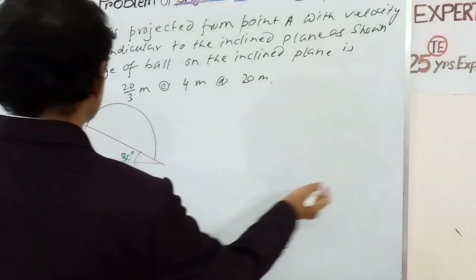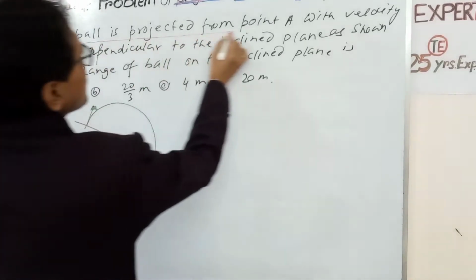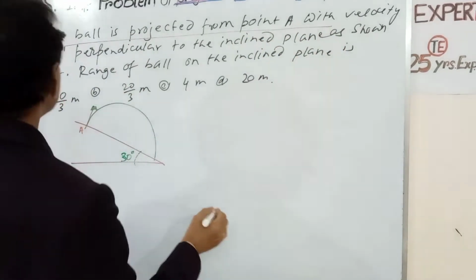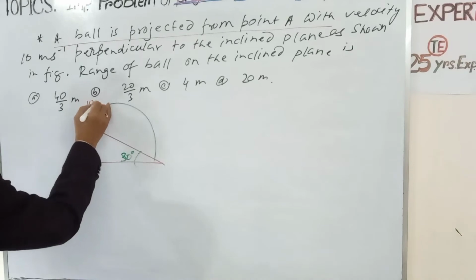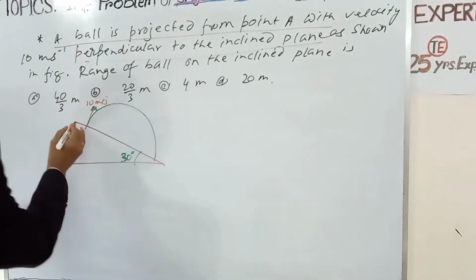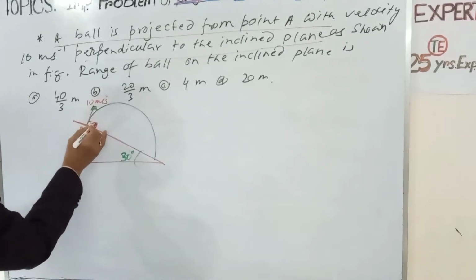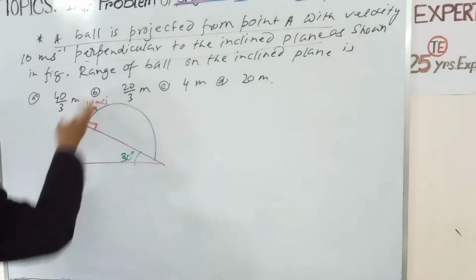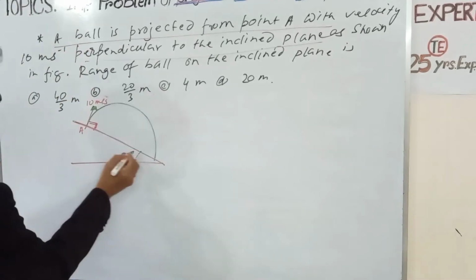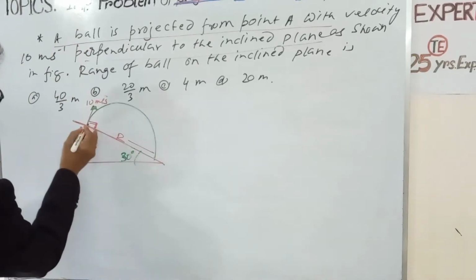So this is the question. A ball is projected from point A. This is the point A with velocity 10 meter per second. So this is the velocity perpendicular to the inclined plane. Find the range of the ball on the inclined plane. So you have to calculate this value.